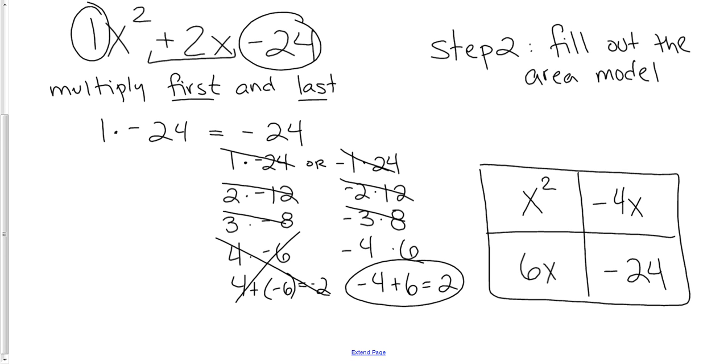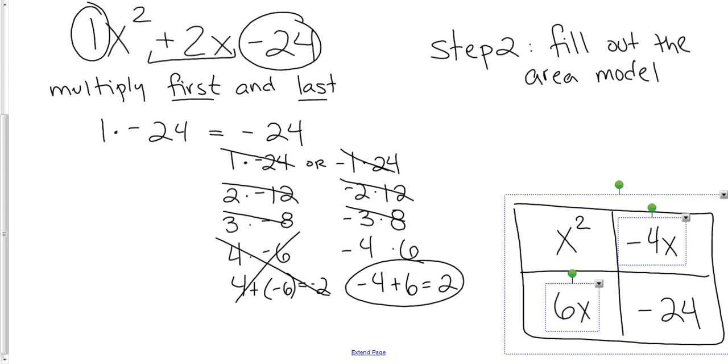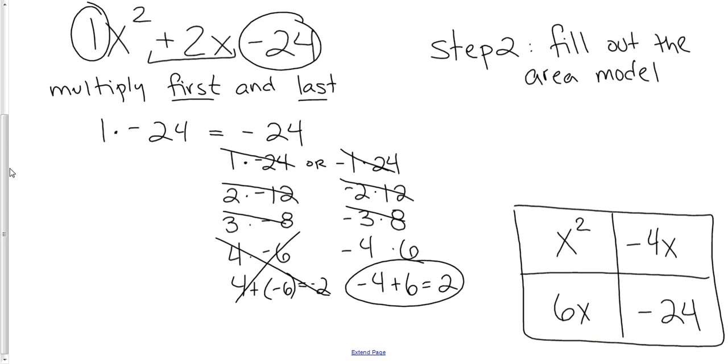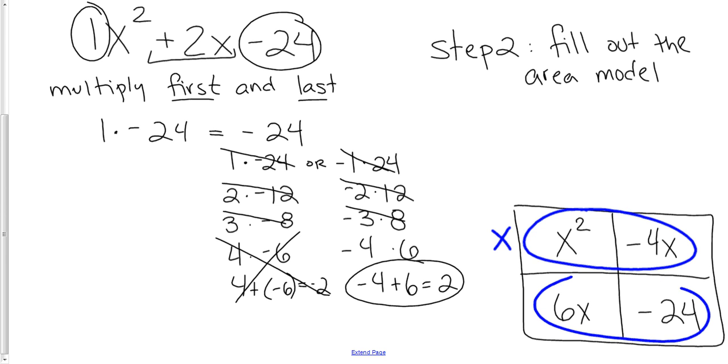And now that I've filled out my area model, I can go ahead and find the factors. So again, I'll move it over a little bit, give myself some room. Okay, from the first row, x squared and negative 4x, all they share is an x. Second row, 6x and negative 24, both divisible by 6.